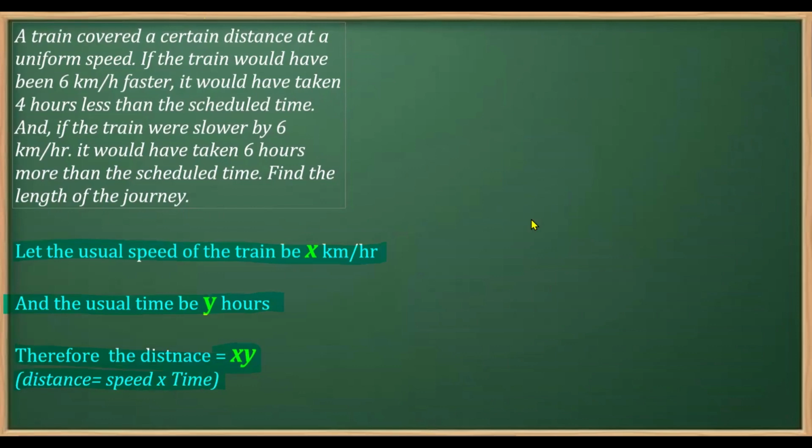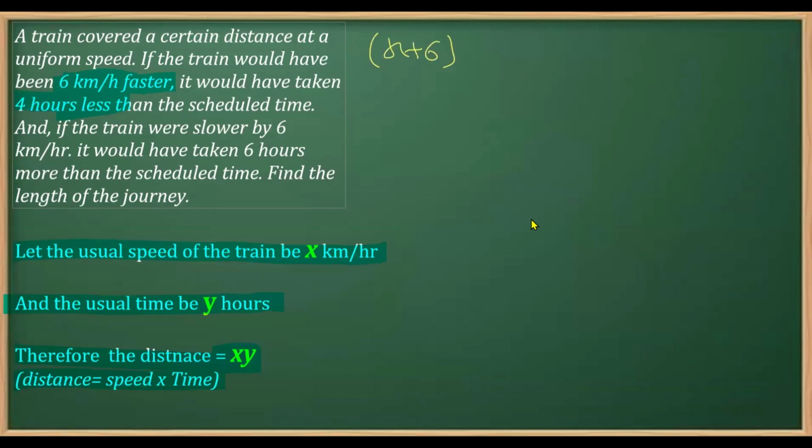Now we are going to use this information, say case 1. As you can see in case 1, the speed is 6 kilometer per hour faster and it is taking 4 hours less. So what is the speed here? Speed is 6 kilometer per hour faster, so it will be x plus 6.